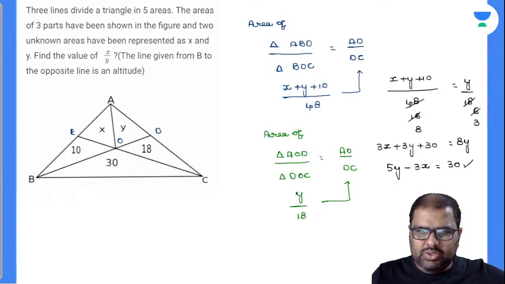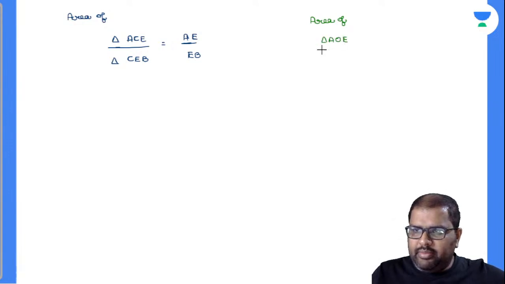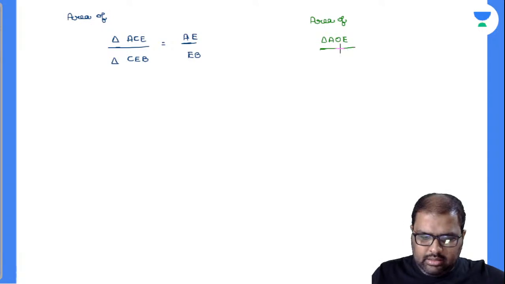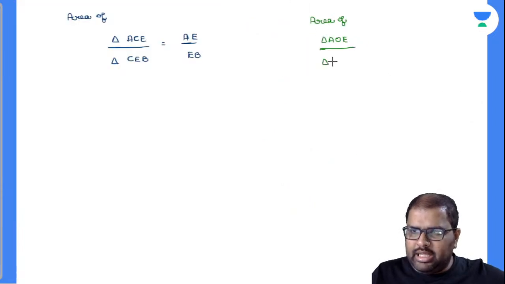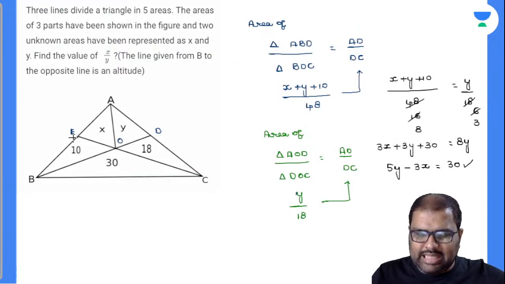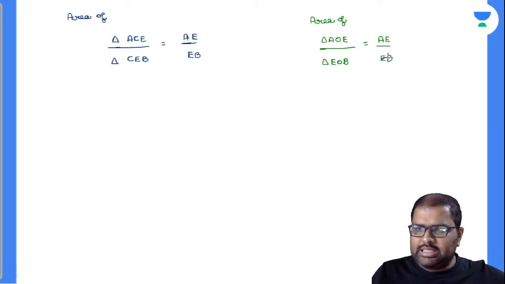So the area of triangle AOE divided by triangle EOB is equal to, now closely observe there, they are also residing on the same height. AE by EB will be the ratio of their areas, right? Bases. Now I can club those both. Yes, I can club those both.